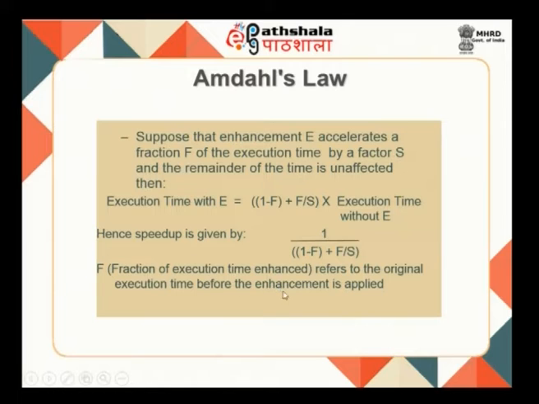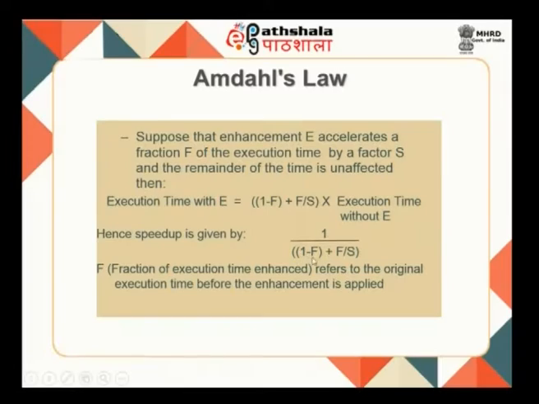So this equation tells you that the overall speed up you get in a computer system by bringing in an enhancement to a local unit is defined as 1 by (1 minus fraction enhanced plus fraction enhanced by speed up enhanced). The fraction of the execution time enhanced refers to the original execution time before the enhancement is applied.